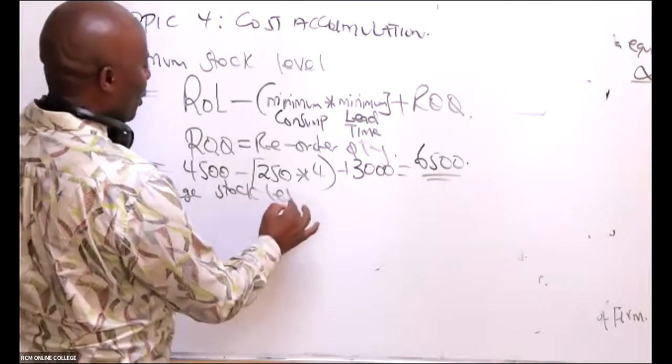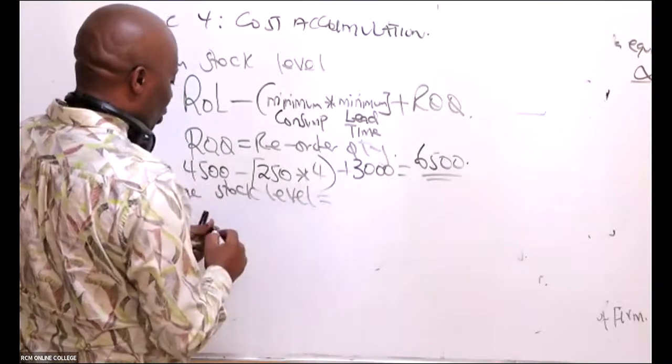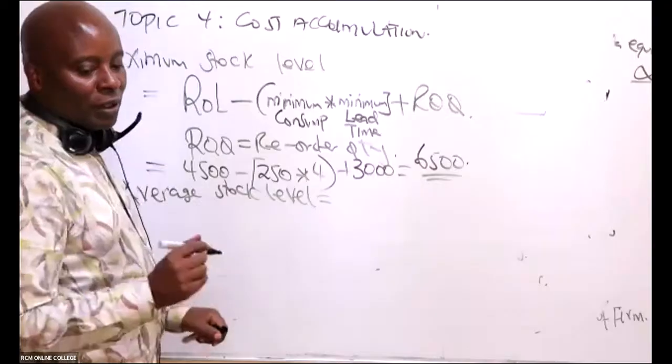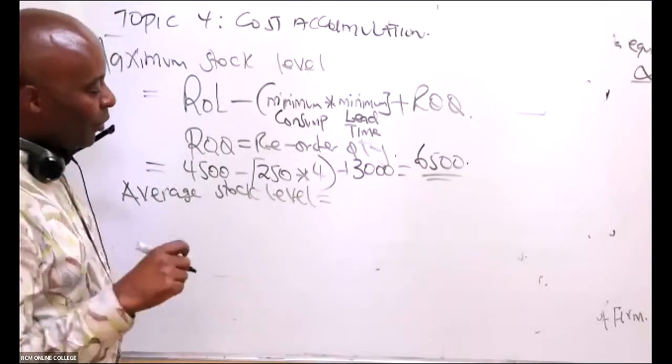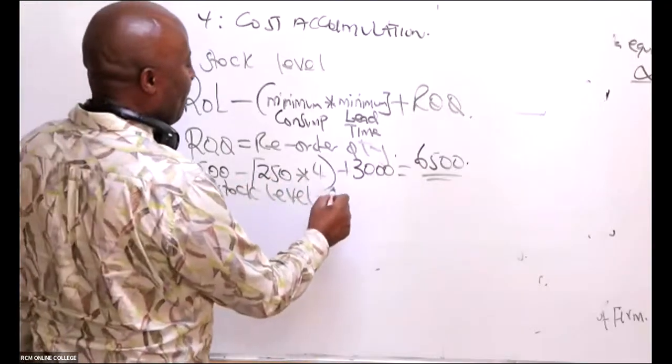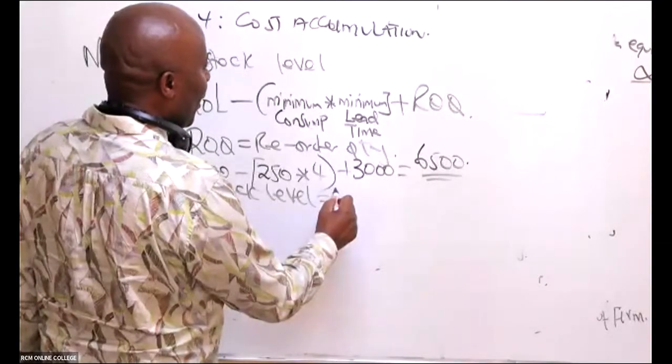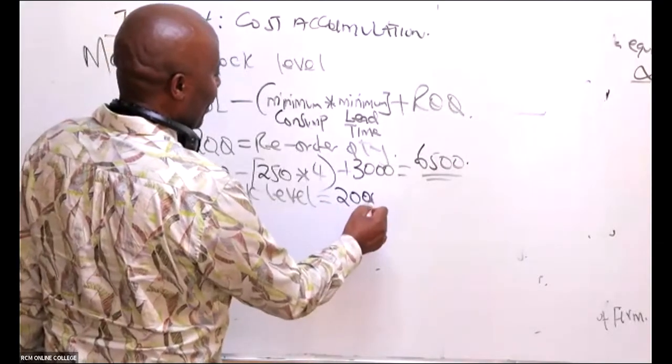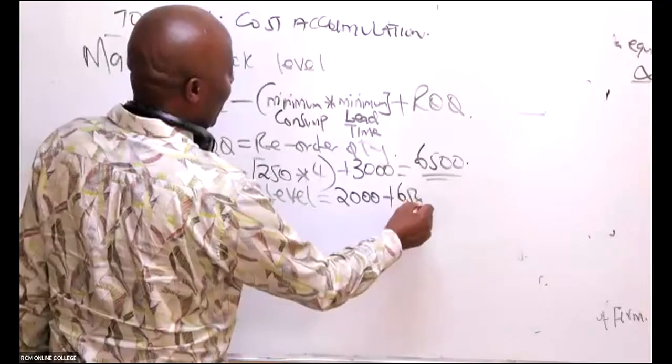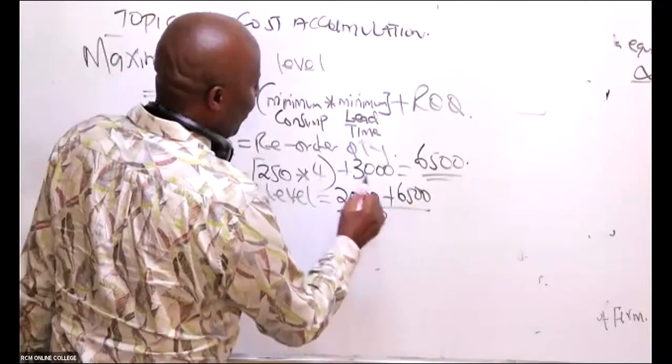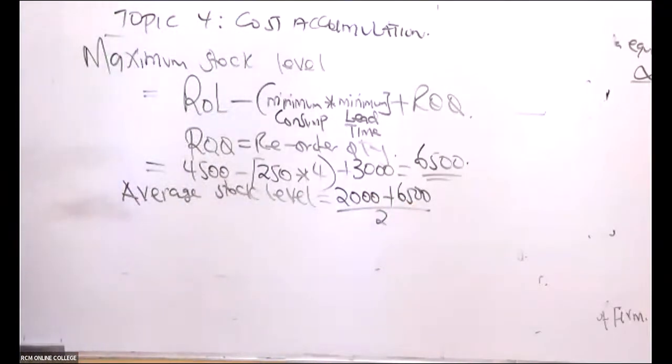So the average stock level will be the minimum stock level, which we've done, 2,000, plus 6,500. Whatever we get, we divide by 2. Then we shall be able to get the average stock level.